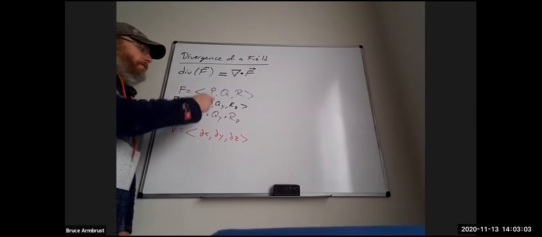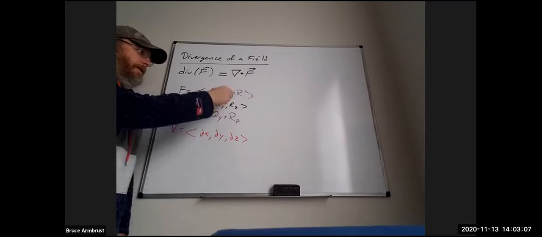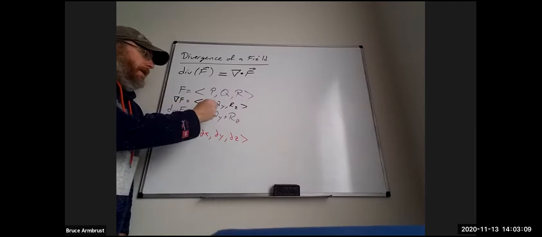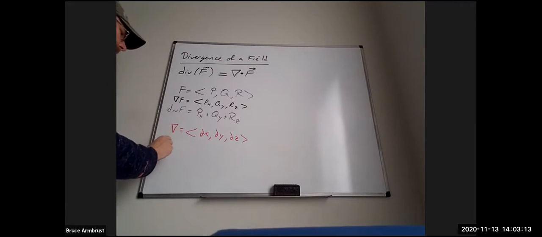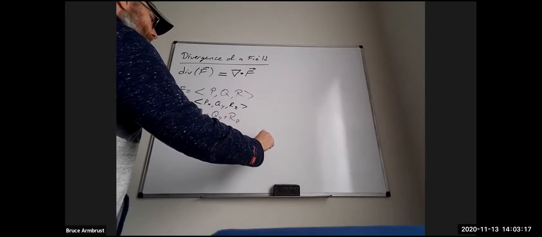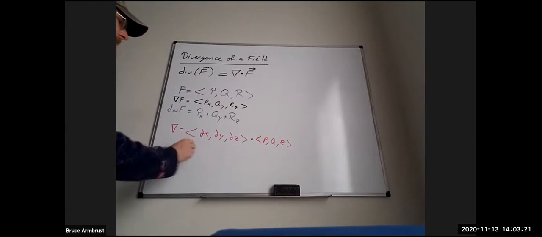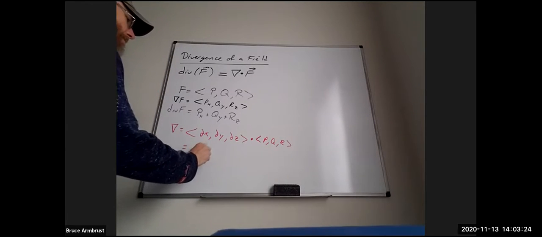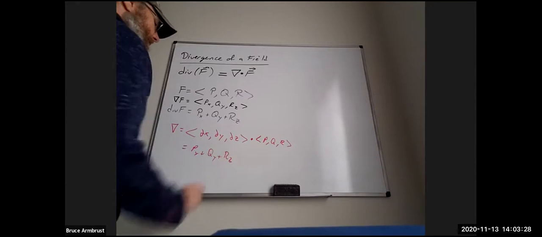You're taking the derivative with respect to x of P, with respect to y of Q, with respect to z of R. For the divergence, we take that and dot it with F, and that gives us Px plus Qy plus Rz.